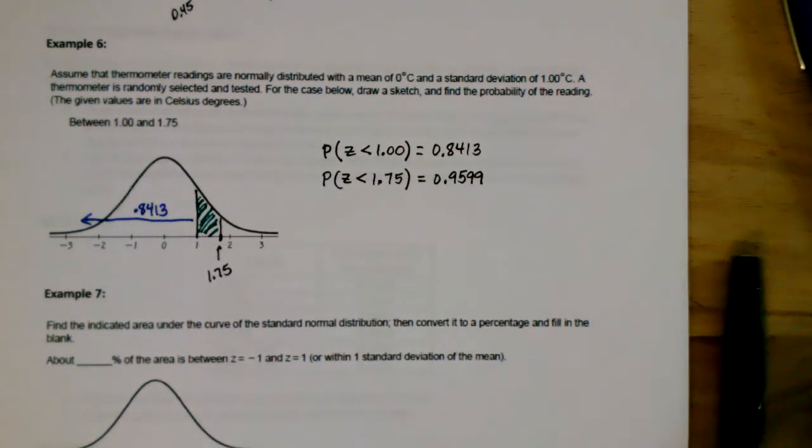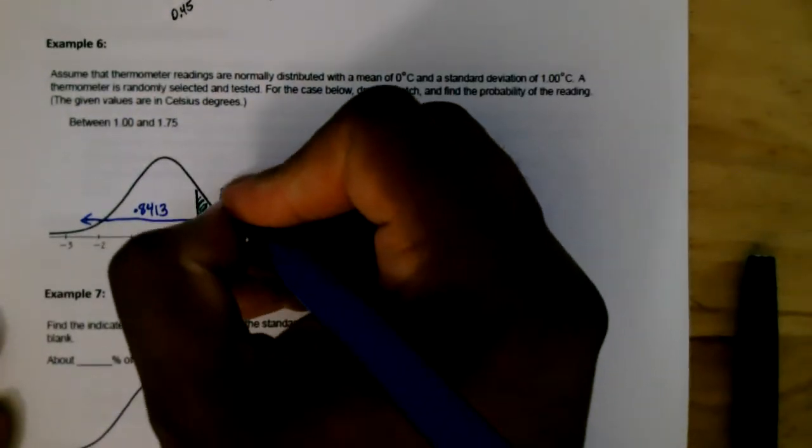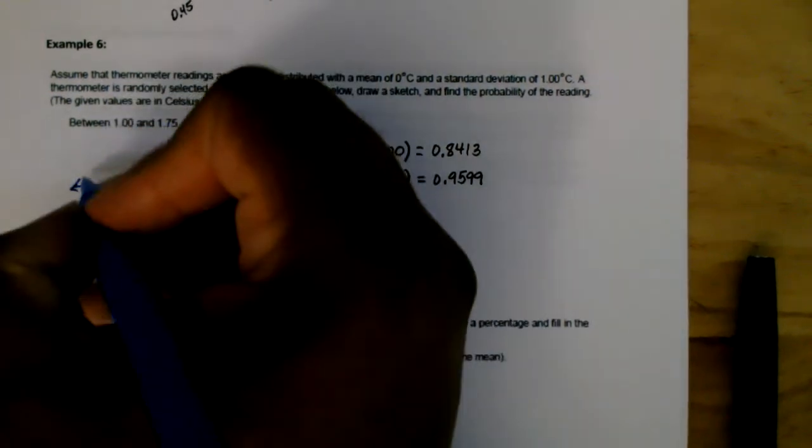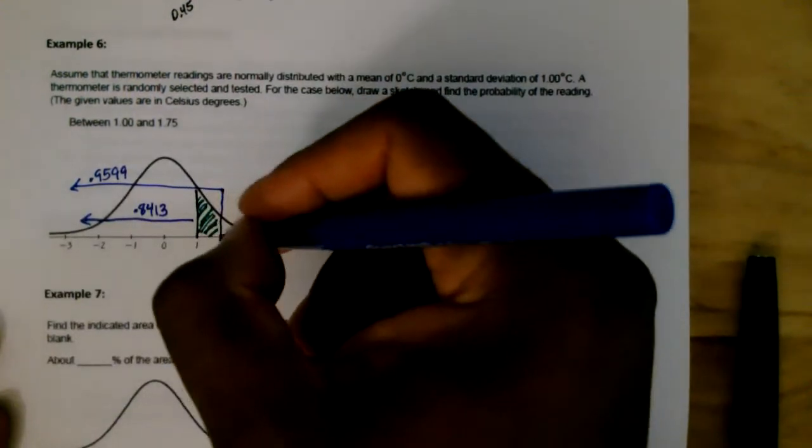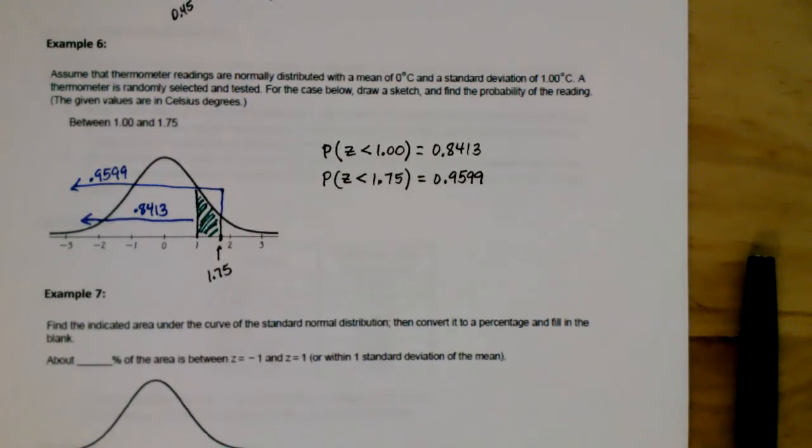All right, now that 0.9599 represents this area to the left, all the way to the left. We don't want that. We want the area in between. So that means we need to subtract those two areas here.